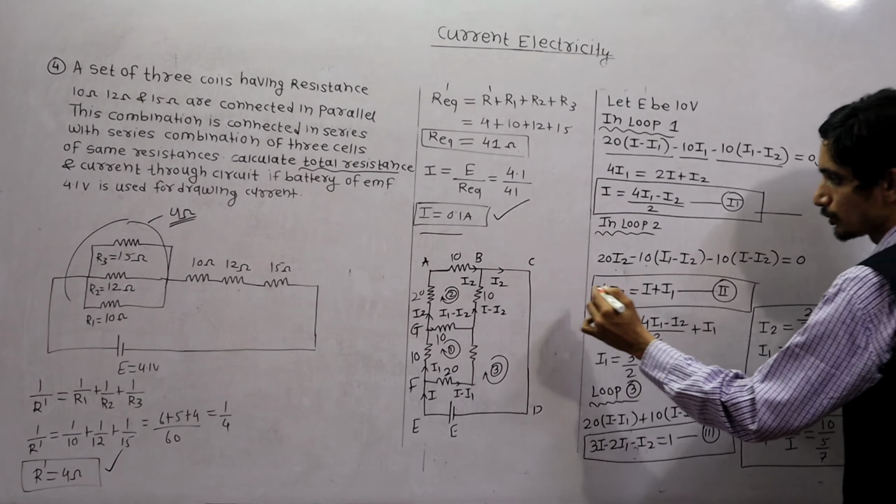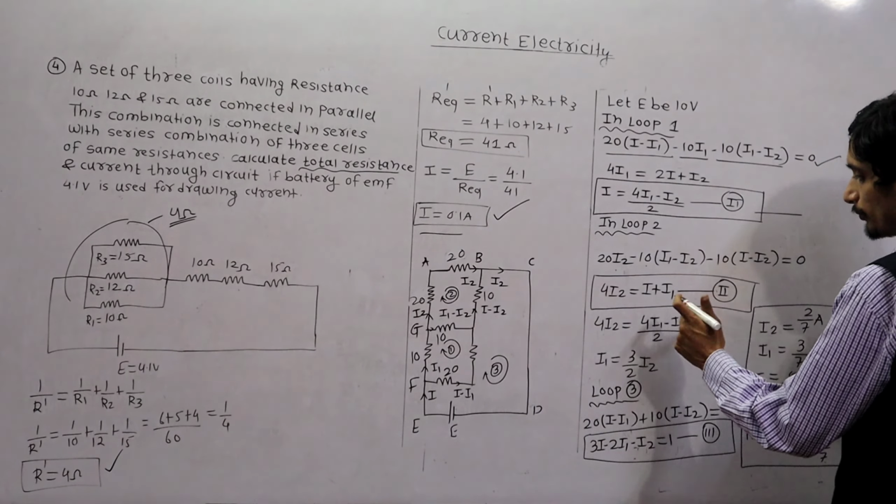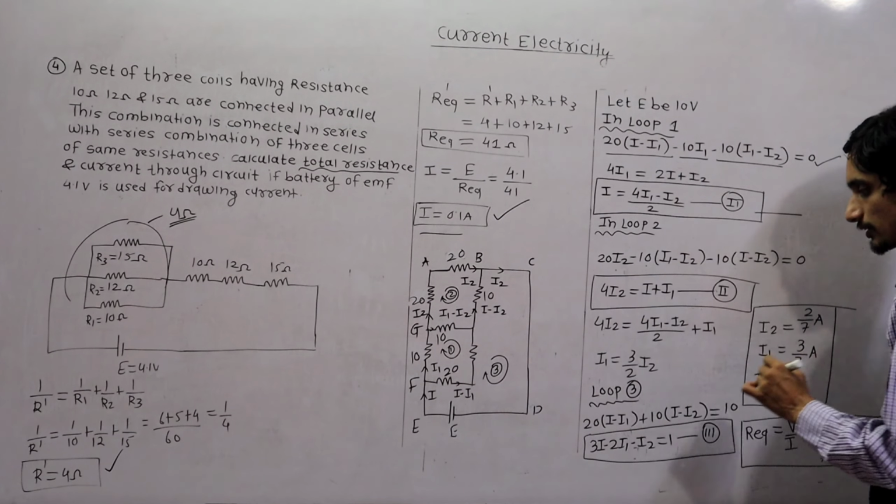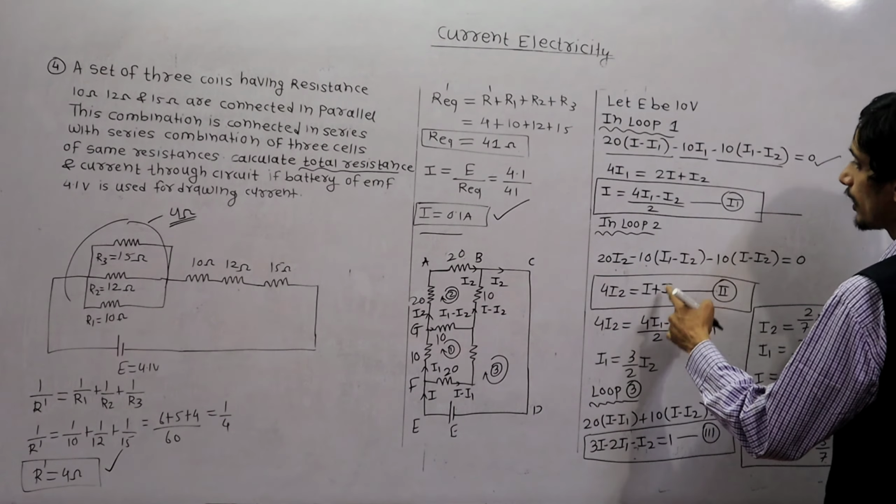So 20I2 minus 10(I1 minus I2) minus 10 into (I minus I2) equal to 0. Loop number 2, from which 4I2 is equal to I plus I1. So 4I2 is equal to (4I1 minus I2) by 2 plus I1. So I1 is actually 3 by 2 times I2.